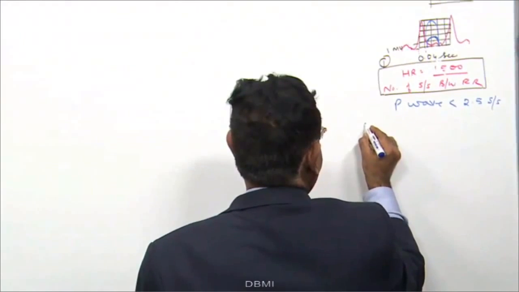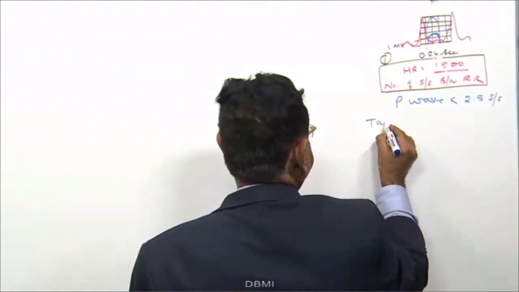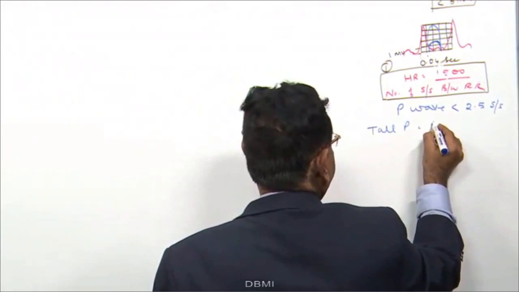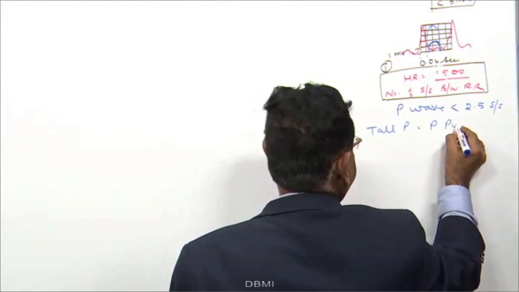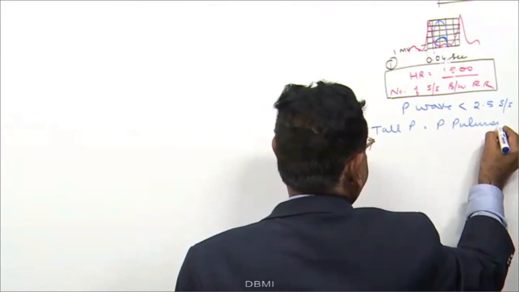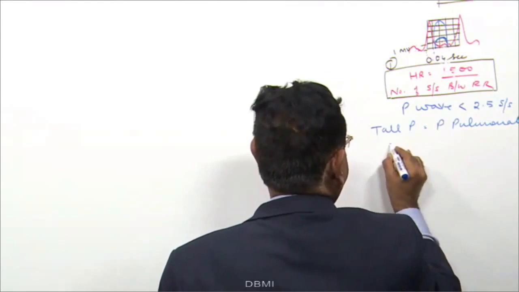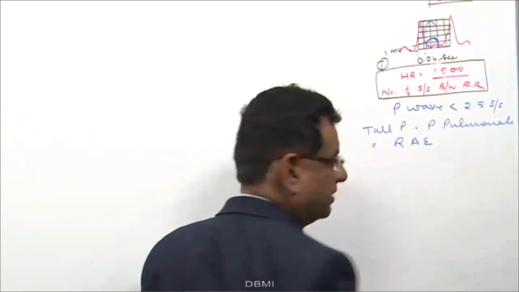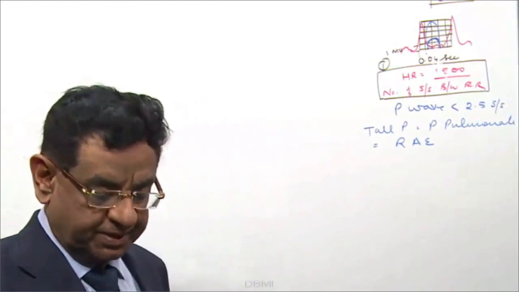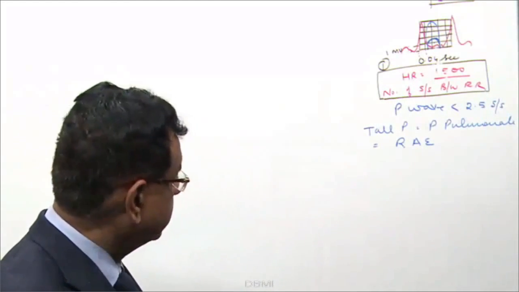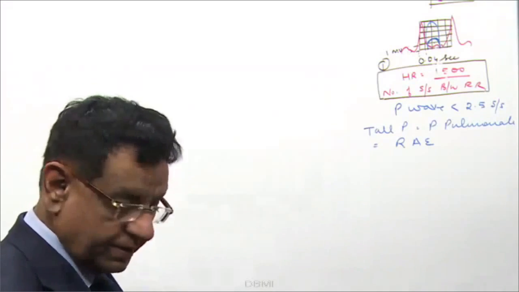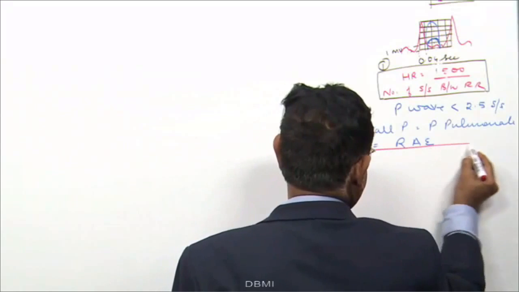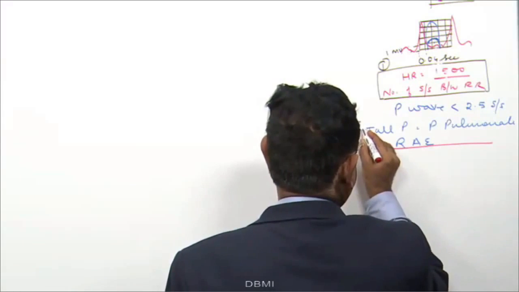So tall P wave is equal to P pulmonale, which is equal to right atrial enlargement. Right atrial enlargement. Okay, and this is box number 2.